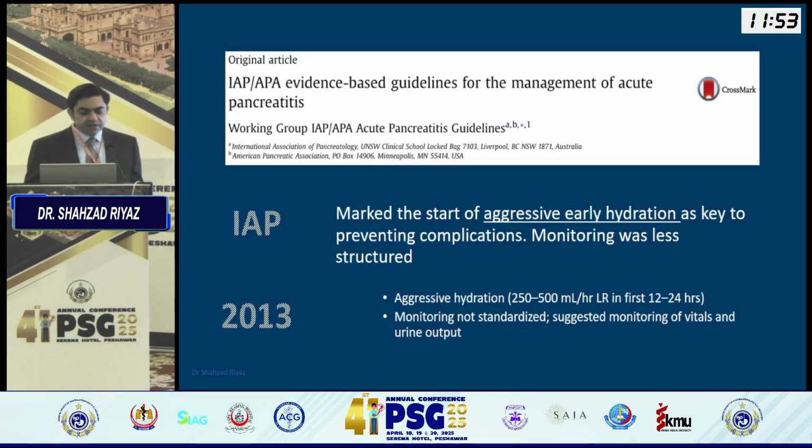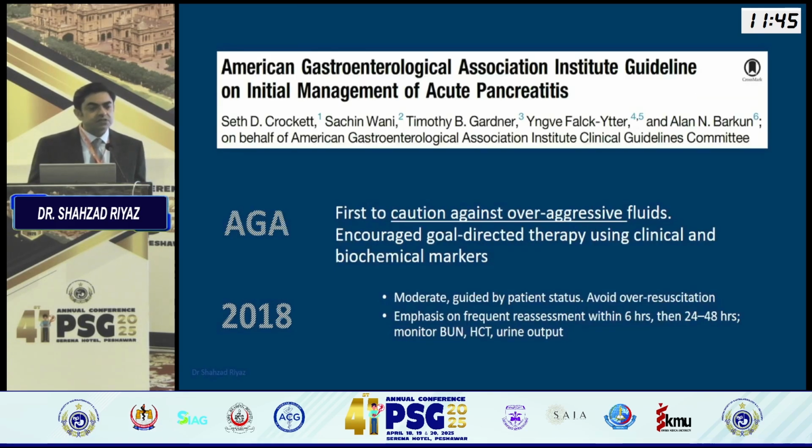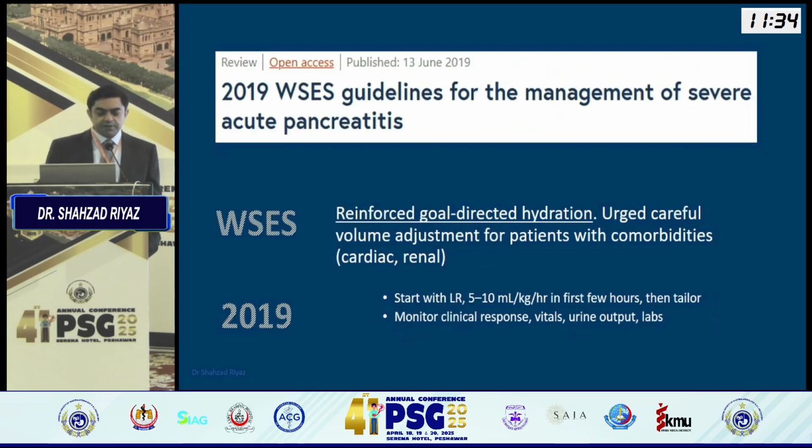Then in 2013, the IAP guidelines came up, which advocated aggressive hydration for patients who came with acute pancreatitis. This was then later looked at in 2018, which first suggested that we should be a bit cautious while giving fluids, and we should encourage goal-directed therapy. This was reinforced in the later guideline, which also pointed out that patients with comorbidities such as cardiac or renal disease should be given fluids in a more careful manner.